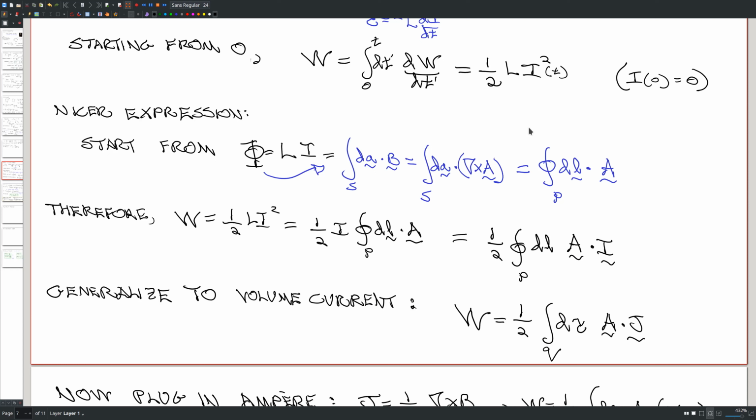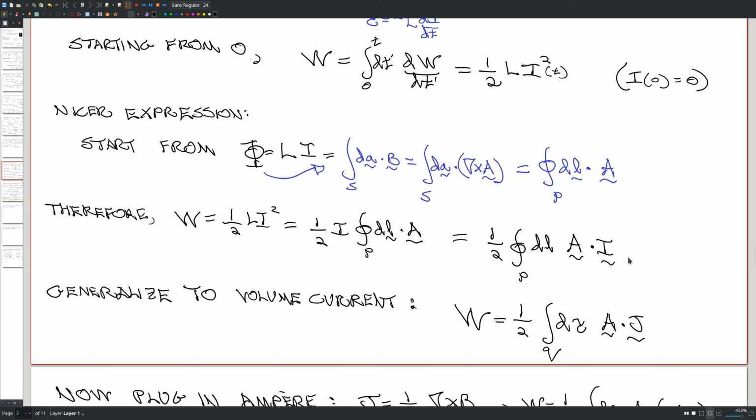Okay, and this energy that I've just had, this 1/2 L I squared, I can write in terms of a volume integral of current density by just observing that I can write L times I as just the integral of the vector potential dotted into the current.